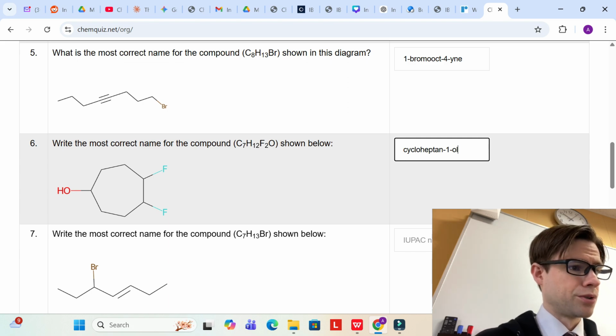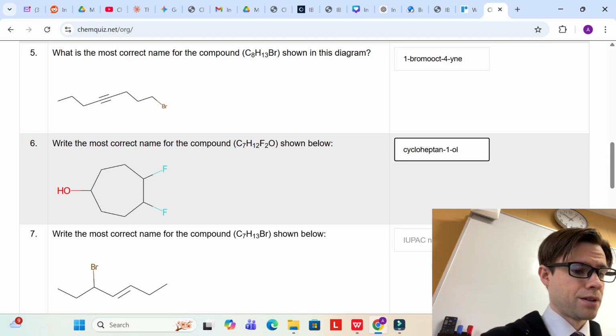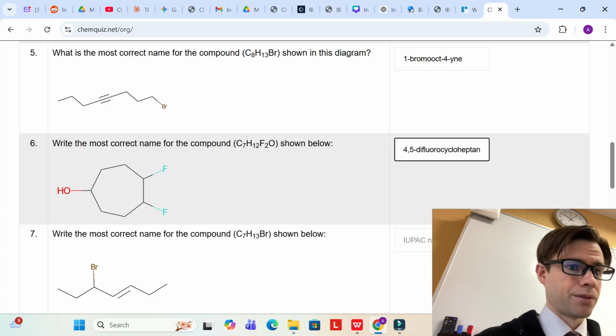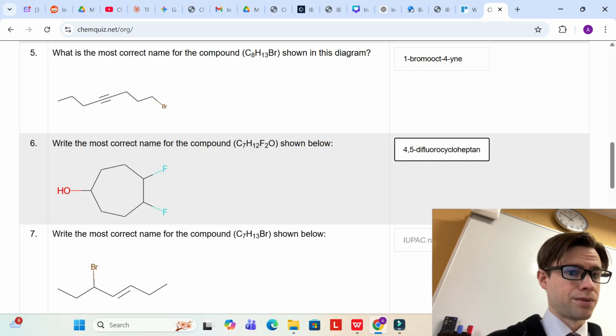Then we'll have fluoro groups on 4 and 5. 4,5-difluoro, 2 fluoro groups. Don't forget the multiplier. 4,5-difluorocycloheptan-1-ol.